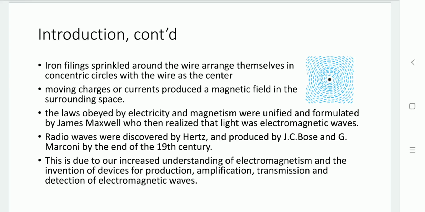Radio waves travel long distances with higher frequency. These radio waves were discovered by Hertz, and were produced by J.C. Bose and G. Marconi at the end of the 19th century, and later in the 20th century more in-depth work was performed.